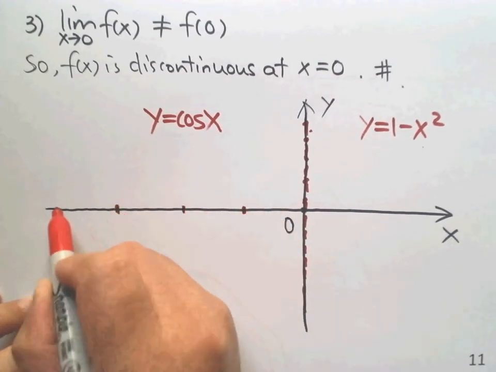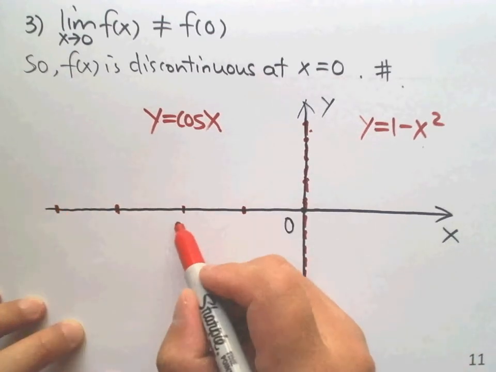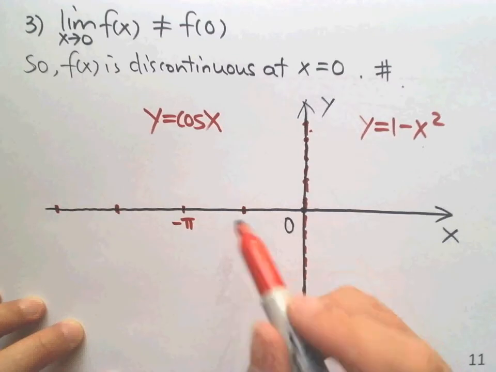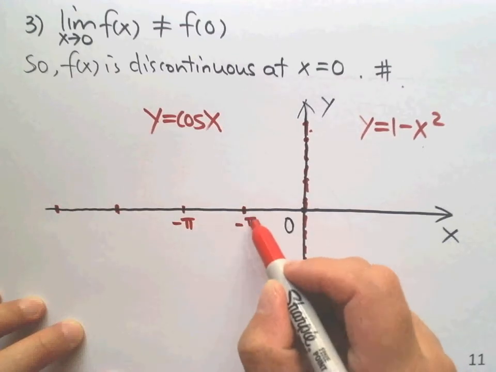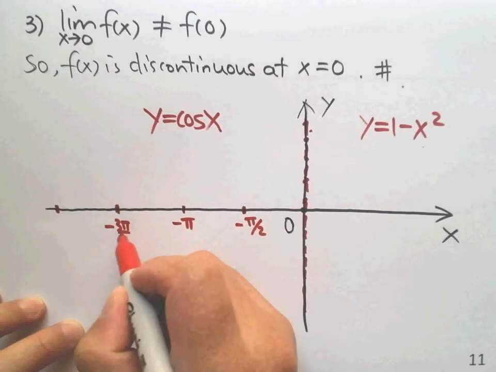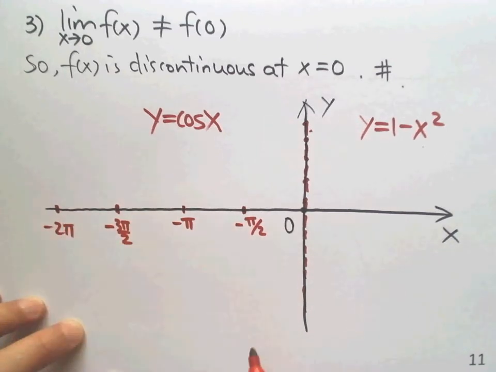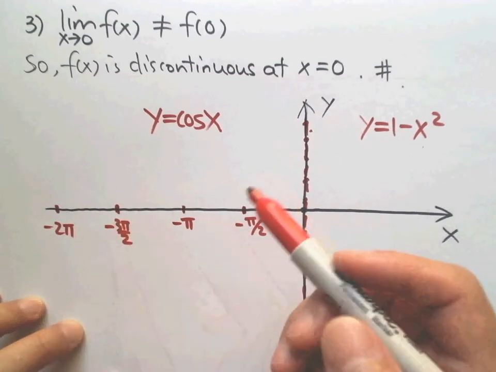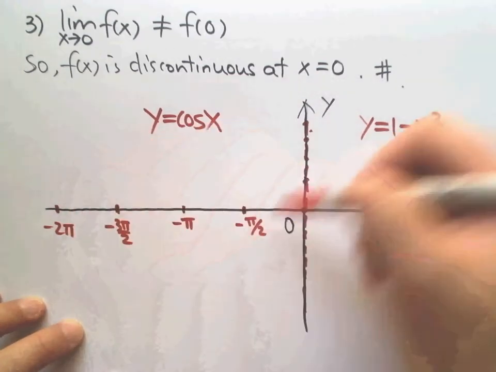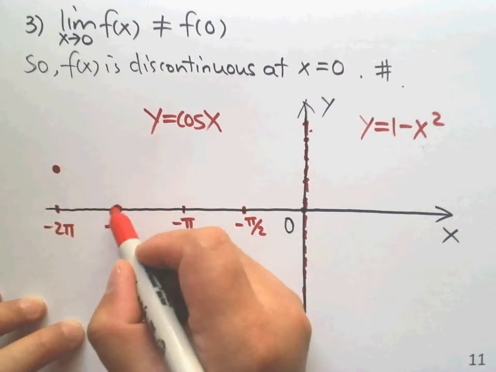So here should be negative pi over 2, negative 3 pi over 2, negative 2 pi. I will draw the graph in one period. You remember it's like a parabola, right?